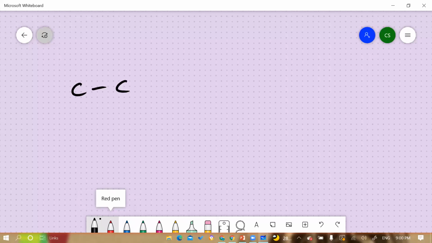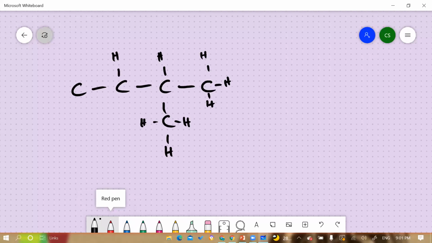I have one for you. Trying to do this as neat as possible so you don't get confused. You can draw it out in your book first and work it out in your head and then tell me. Try naming this compound.